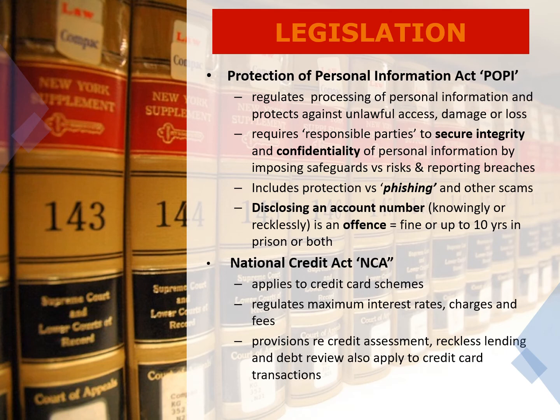Okay, so the POPI Act includes some protection against this. It also provides that a party may not disclose somebody's bank account number, either knowingly or recklessly, and if they do, this is an offence and can result in a fine or even up to 10 years in prison or both.